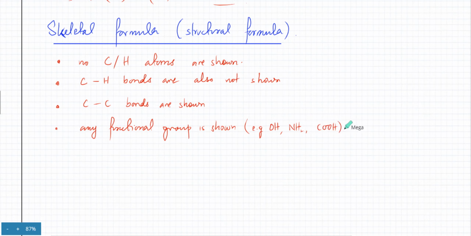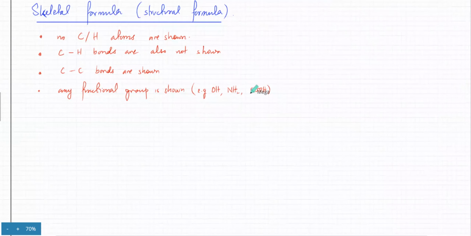So starting with this, I'm going to explain this now. Let's think of a butanol molecule, 4 carbon atoms, and there's an OH. Do you remember we haven't done naming yet? So this is your normal, fully displayed version of a molecule.